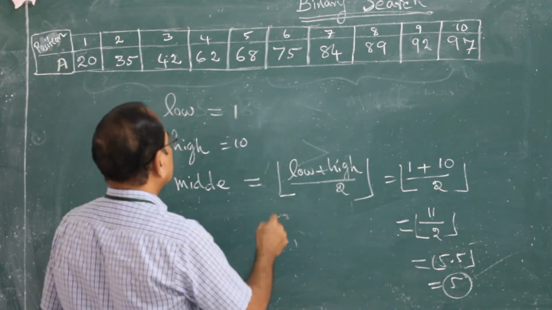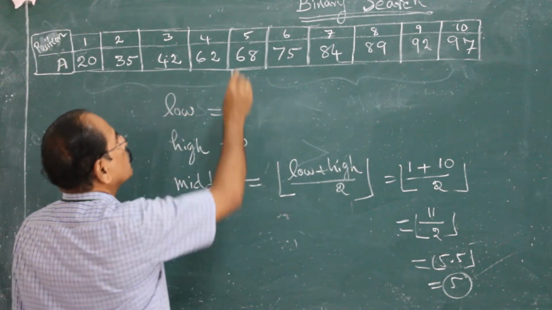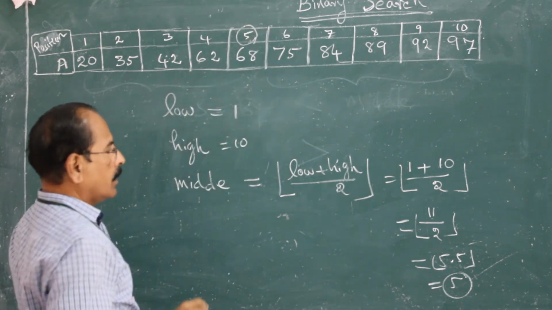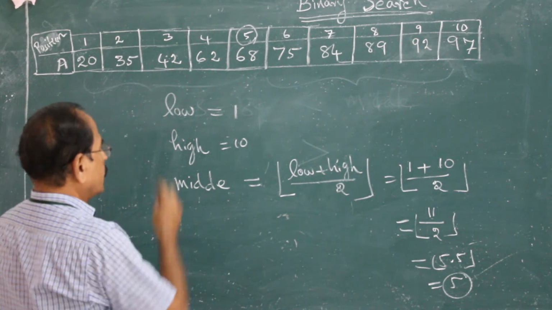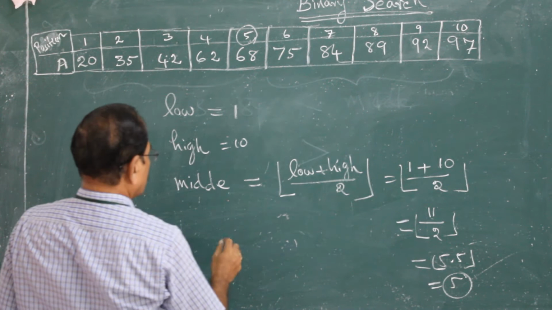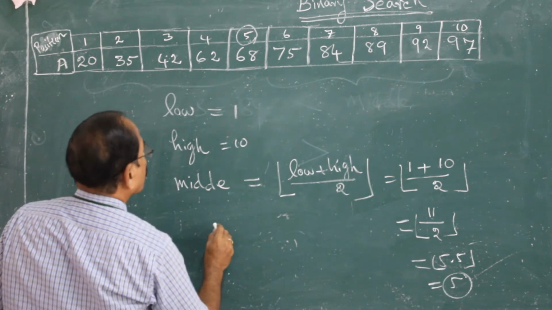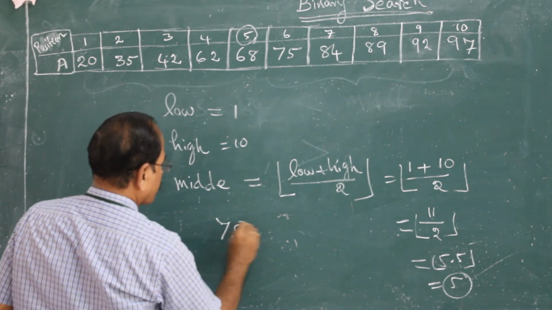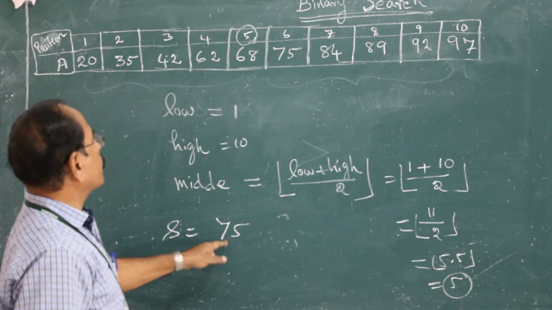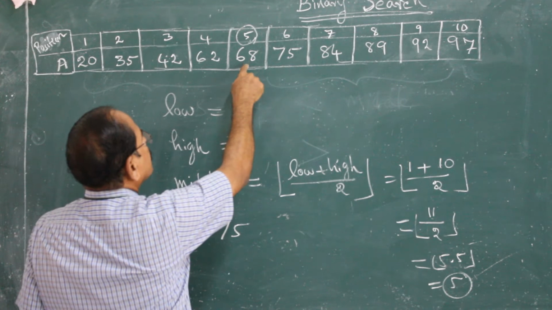So we have to compare our searching element with the middle position element. Now let us check. Suppose we want to search for the element 75. I want to search for the element 75. Now here the mid position element is 68.